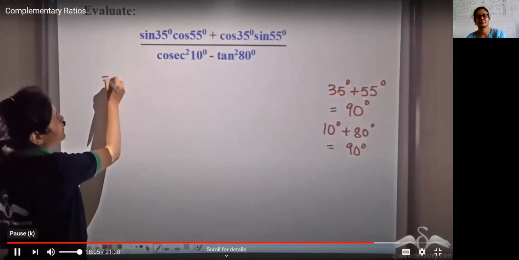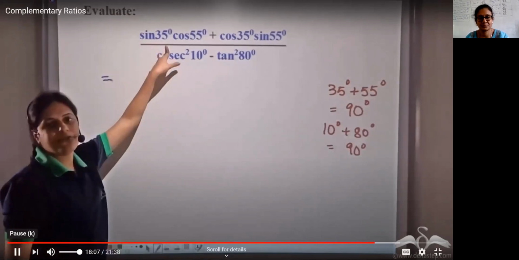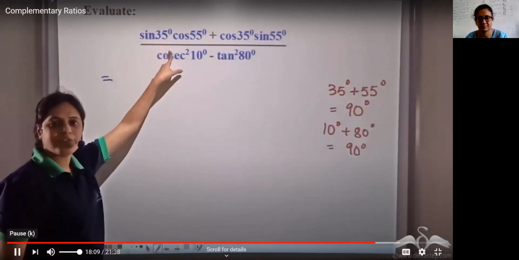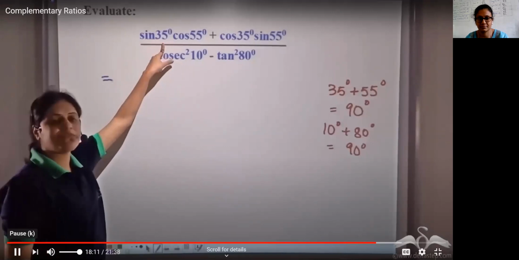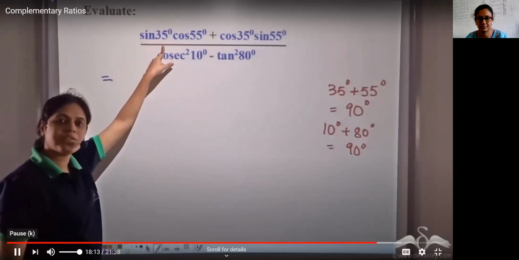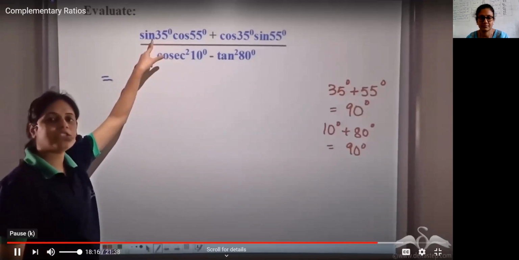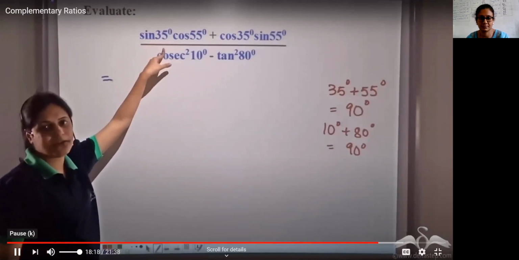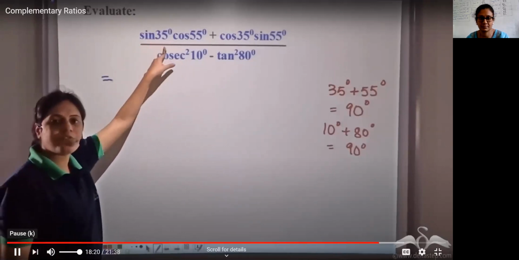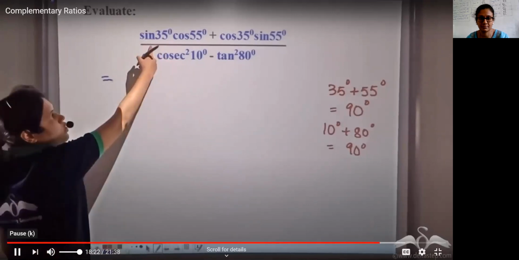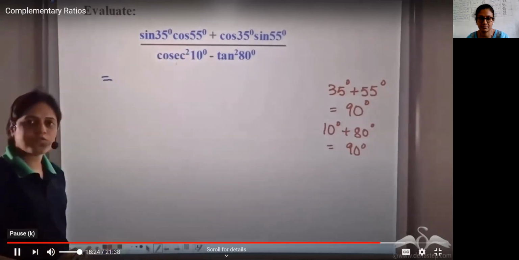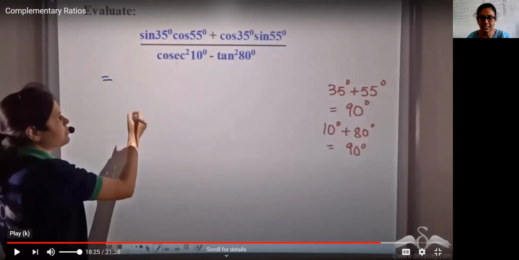Now sine 35 is cos 55 because 35 and 55 are complementary angles. So sine of an angle is cos of the complementary angle. Sine 35 is cos 55. So we have cos 55 into cos 55. I hope you are understanding what she's telling.